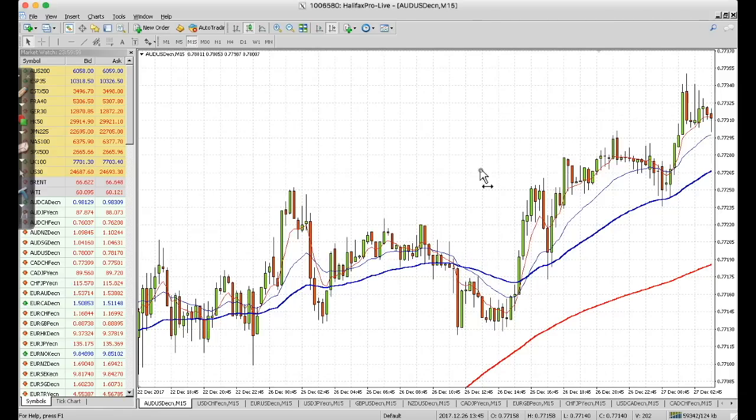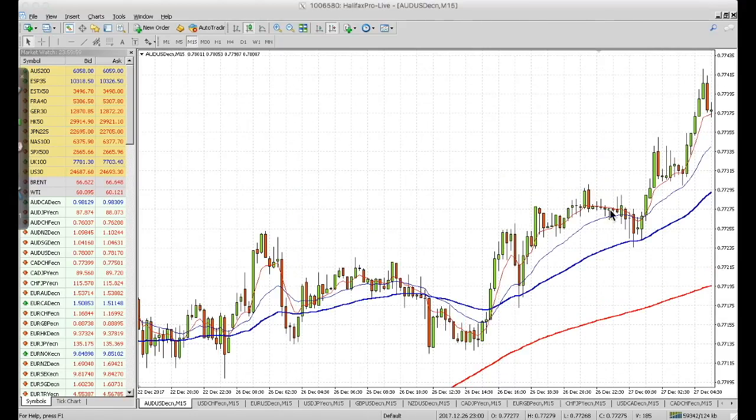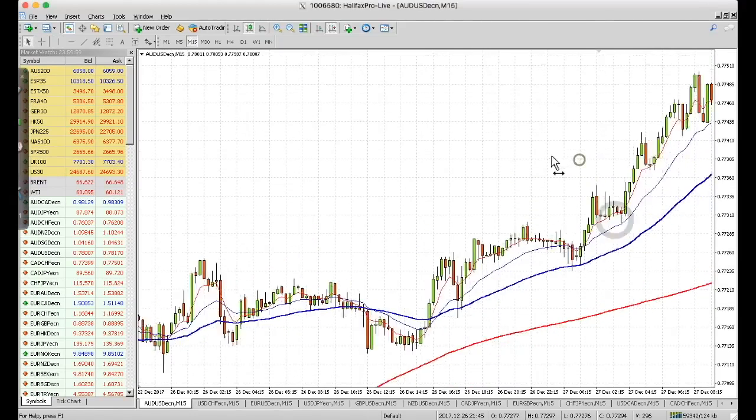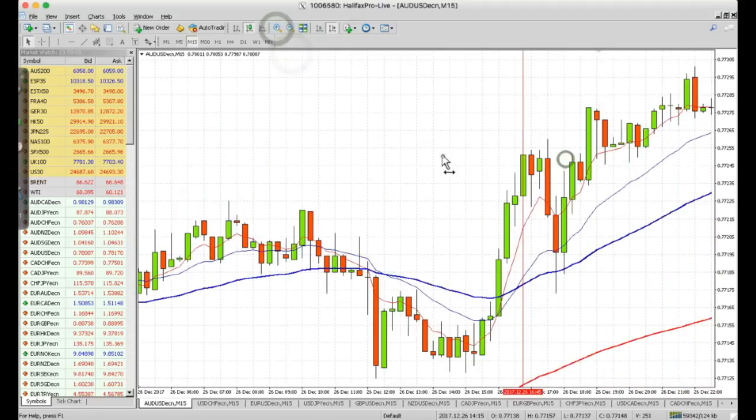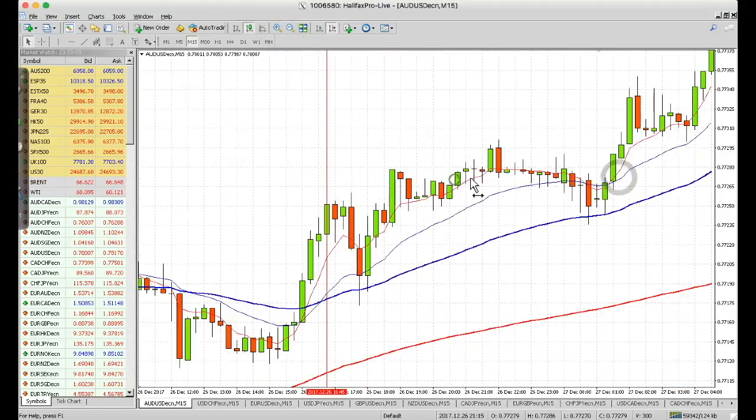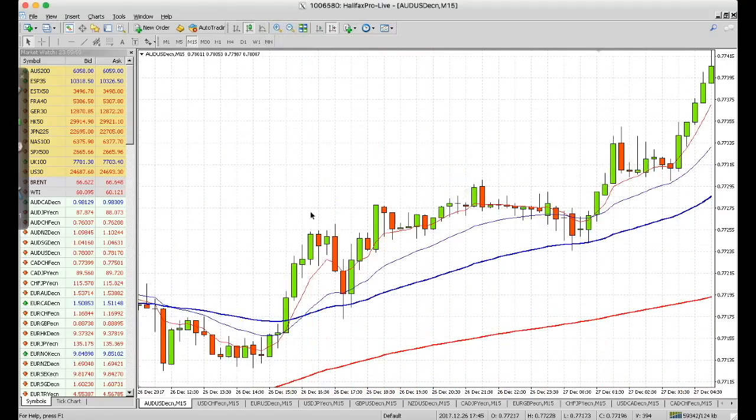Okay, and what do you notice? All right, so I've just put in the moving averages, and you can see, let me just zoom in over here. There we go. Okay, cool.